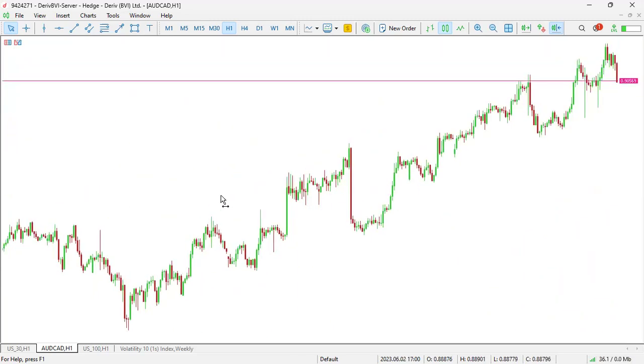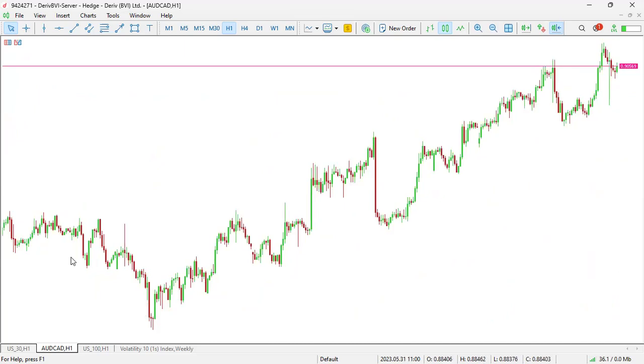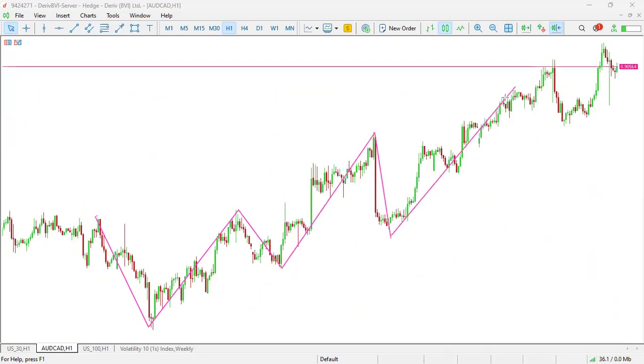For example, you can clearly see that the price was going down, then up, then down, then up, then down, then up, then down again, then up.